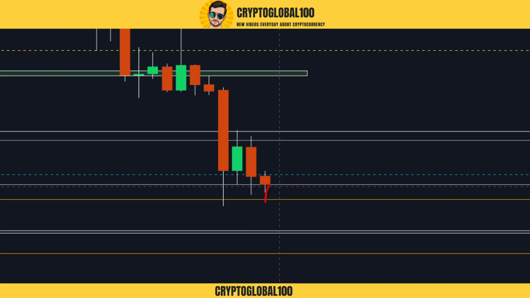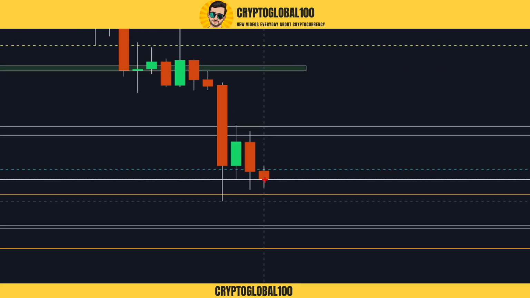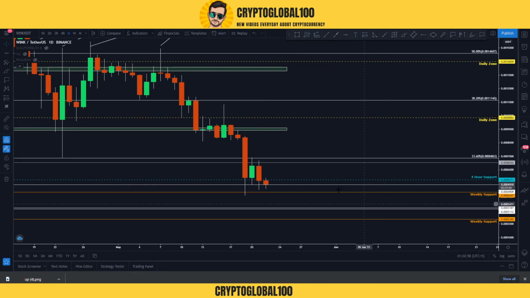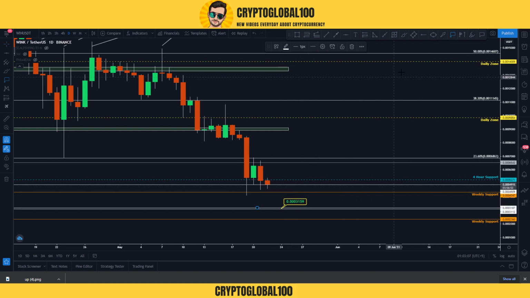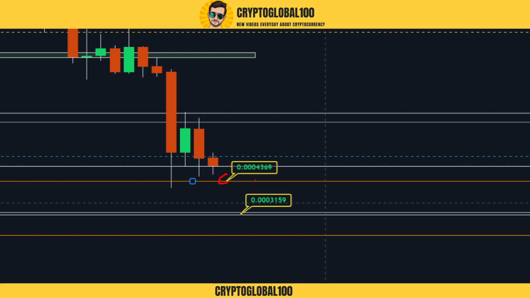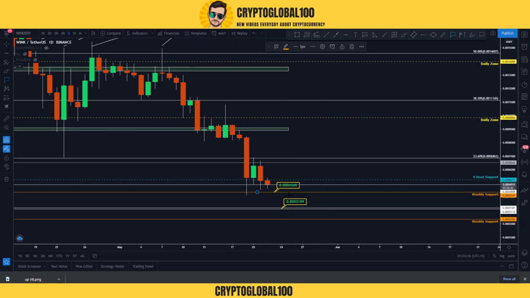So what I am expecting is that we might see a retracement again, a test from this level, or if it breaks down we can test this level as well. As I have already told you, this area can be tested, this one, this area 3031, as well as this area. These can be our next support zones, and from there we can expect a bounce back to 67.